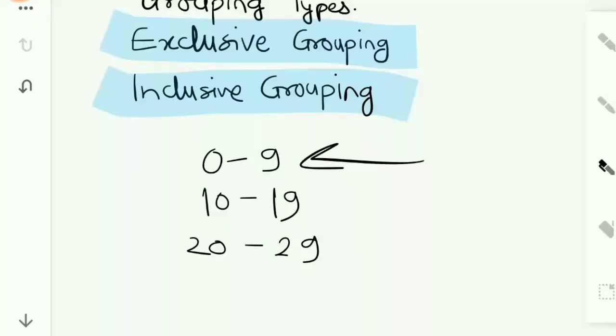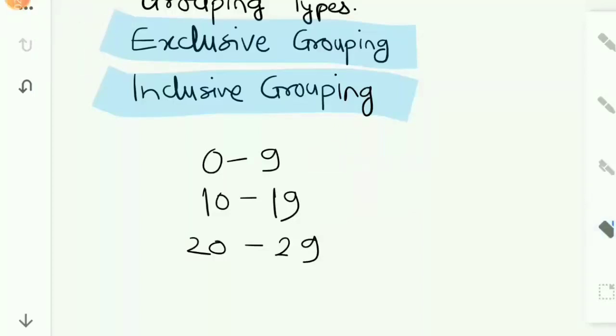Any number lying between 10 to 19, including 10 and 19, should be put in this next class, right? So there is no question of where should I put this particular sample. So such intervals are called inclusive intervals or inclusive grouping of data.